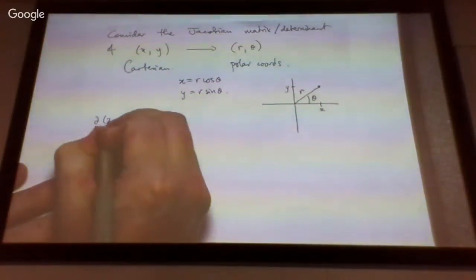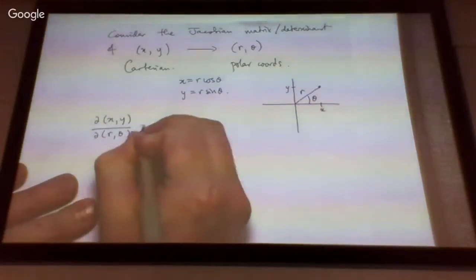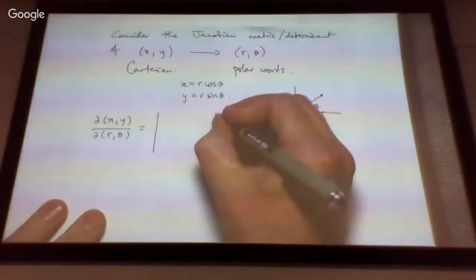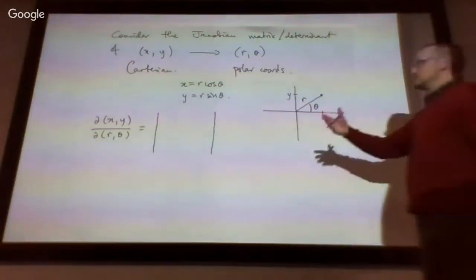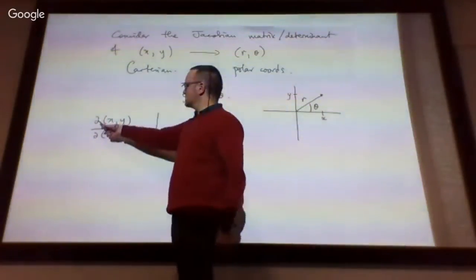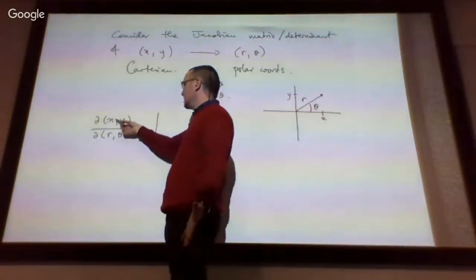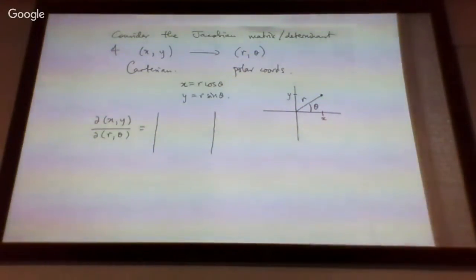Now the Jacobian is written like this, d(x,y)/d(r,theta), and refers to the determinant of the matrix of partial derivatives. You need some way of remembering how the notation goes. You can think of x, y as the old set of coordinates, and r and theta as new. The ones in the numerator index the rows, and the ones in the denominator index the columns.